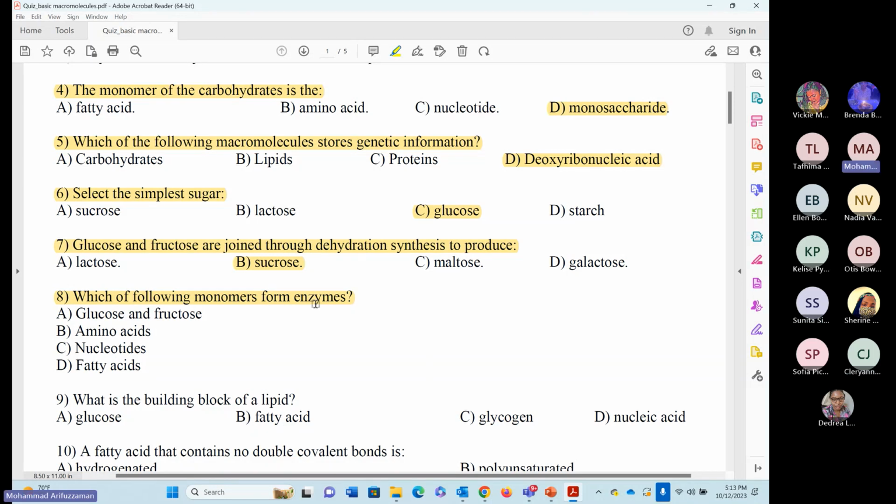Enzymes are protein. Now, can you answer? B, amino acids. Yes, because all enzymes are protein, so amino acids are the monomer of enzymes. Is it clear? Glucose and fructose are carbohydrates, fatty acids are for lipids, and nucleotides are for DNA and RNA. So the monomer for enzymes or proteins is amino acids.